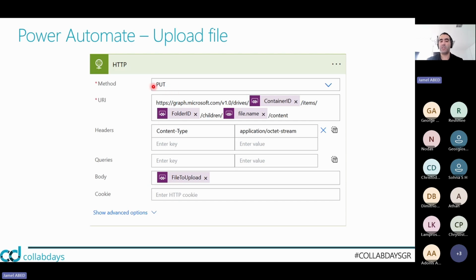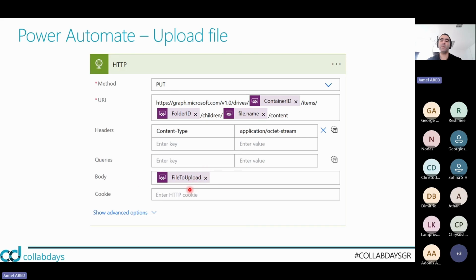Here we can use the HTTP connector, and as you can see here, the link uses graph.microsoft.com. You need to specify the container ID and the folder ID. In the container, you can create folders like a SharePoint document library. And here you specify the file name, and here we have the body for your file.